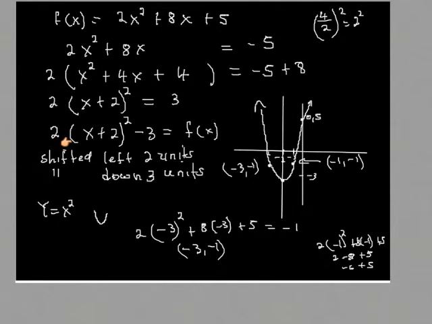Now using this method, you can also get the x-intercept. And let's go ahead and see how. So 2(x plus 2) squared minus 3.